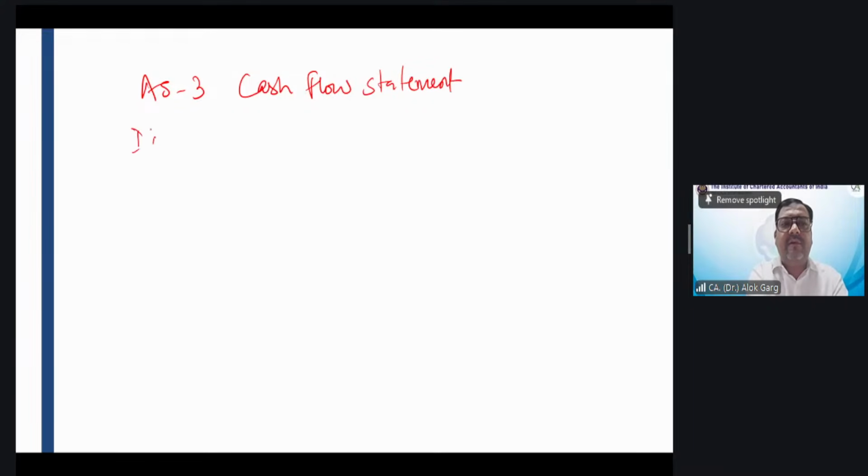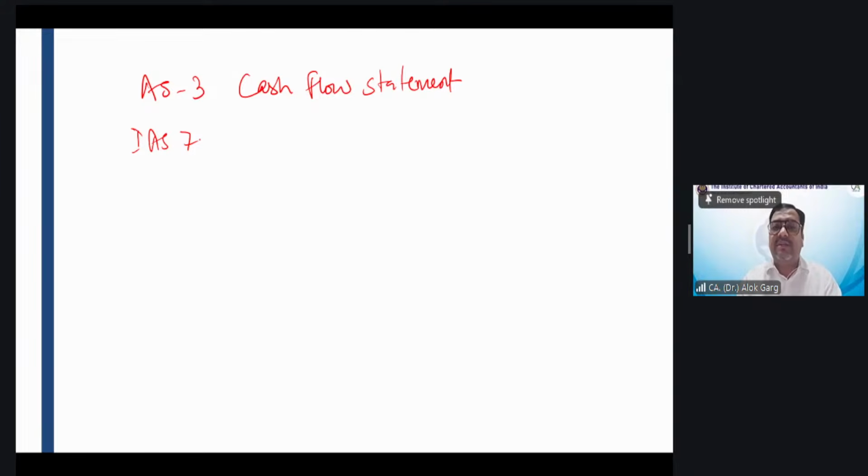Students, in accounting standards, we have Accounting Standard 3. And what is the name of Accounting Standard 3? Cash Flow Statement. Then we have IAS 7 globally. I am talking about globally. Sir, why do you always talk about a global standard? Because our Ind AS are the converged version of the global standard, which is IFRS.